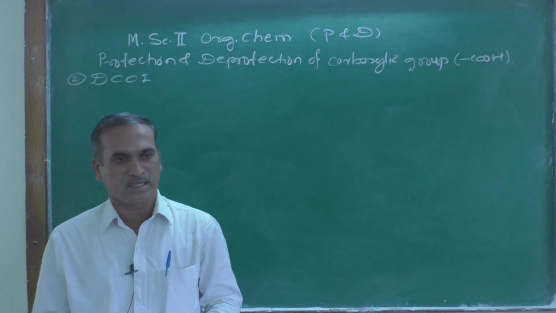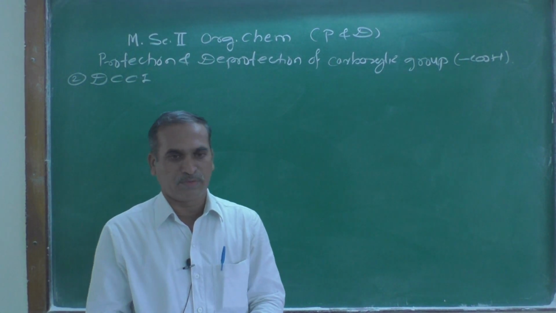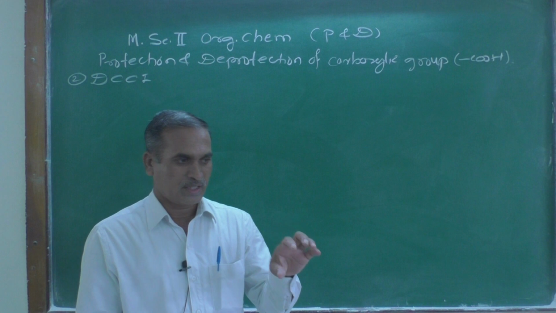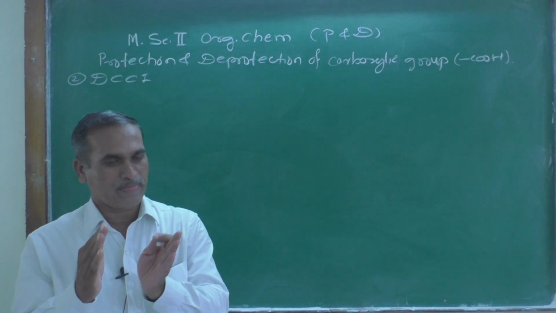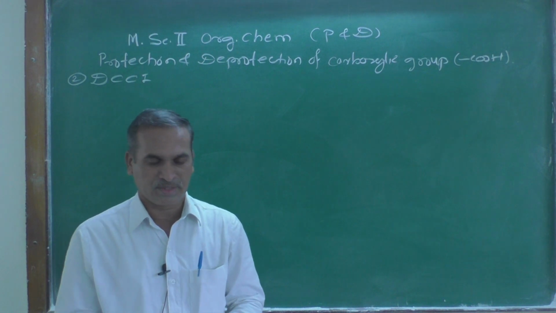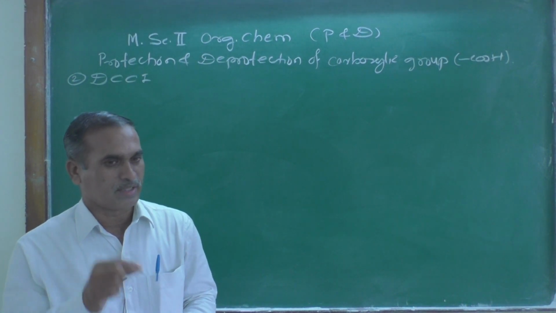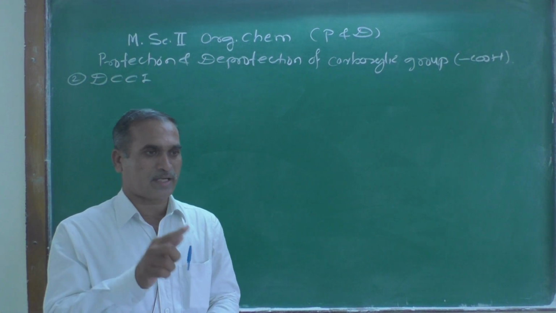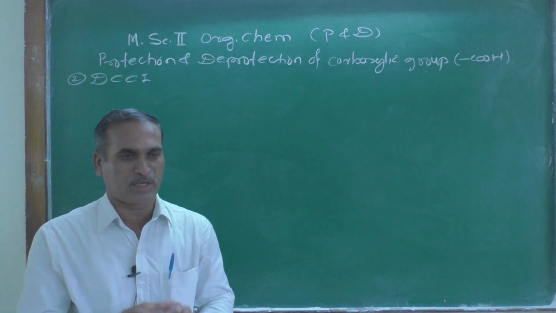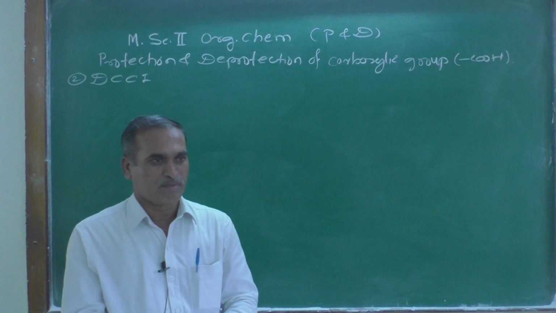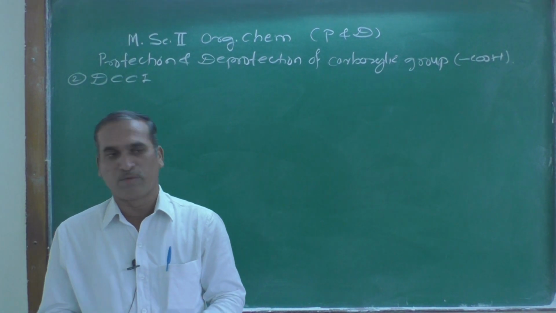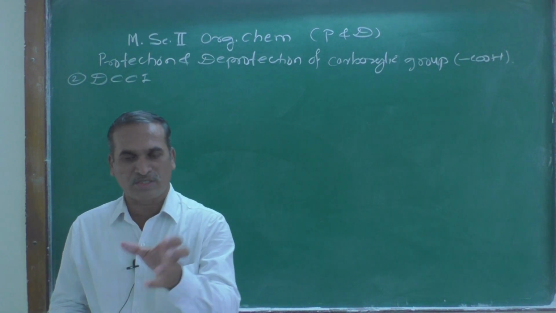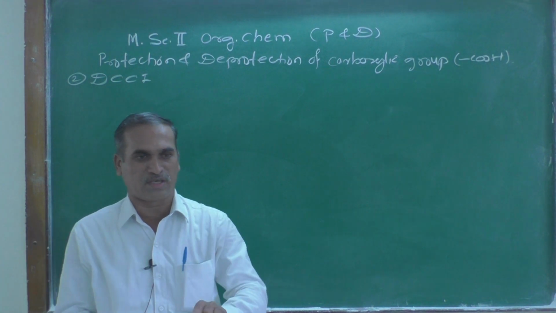Number one, the carboxylic group is mainly converted into an ester. When we convert that carboxylic group into an ester, the reactivity of the ester group, as compared to the acid, becomes less, because in the carboxylic group the proton adjacent to the oxygen atom is highly acidic in nature.